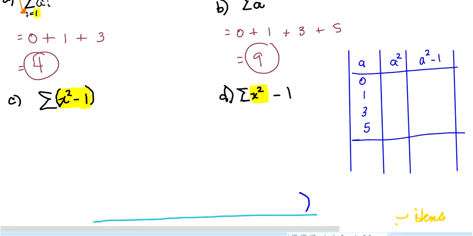And we'll get to that. Let's look at C first. So what I'm going to do for part C is I'm going to begin by squaring each value in my data set. Okay, so I'm in the second column of this table. We have 0 squared, 1 squared, 3 squared is 9, 5 squared is 25.